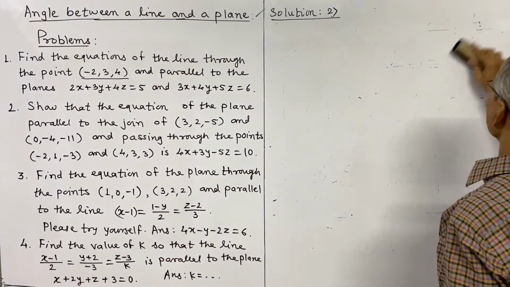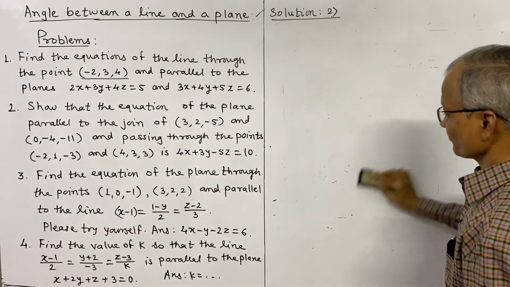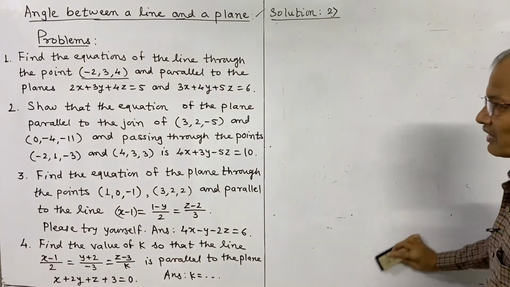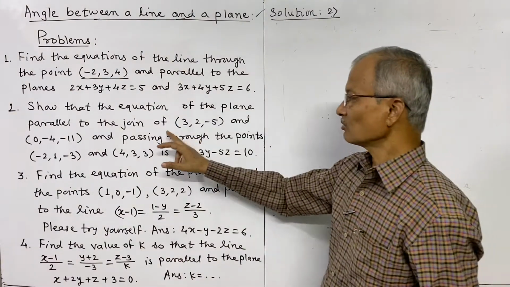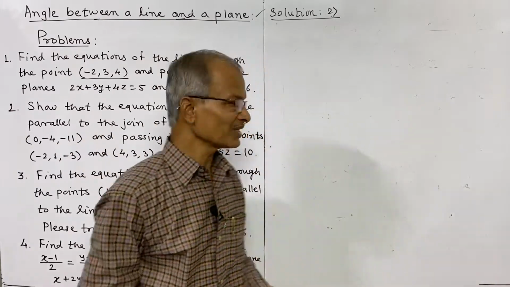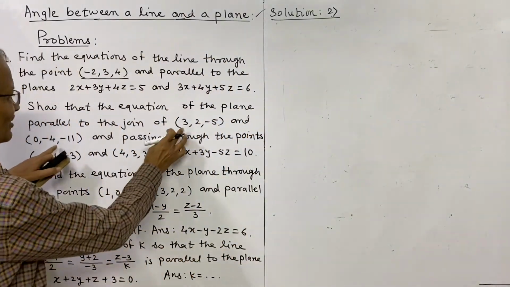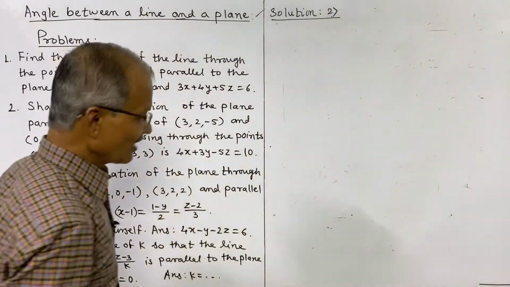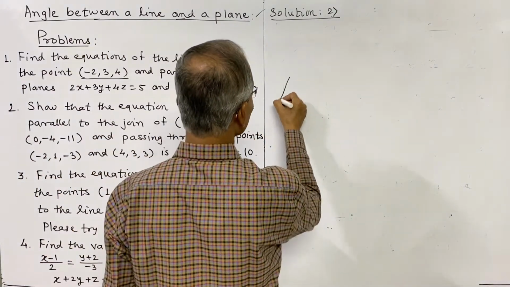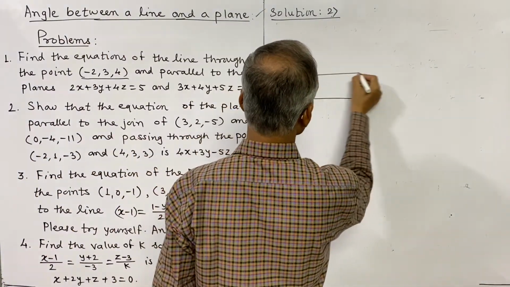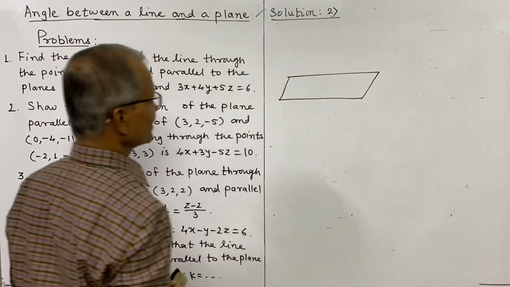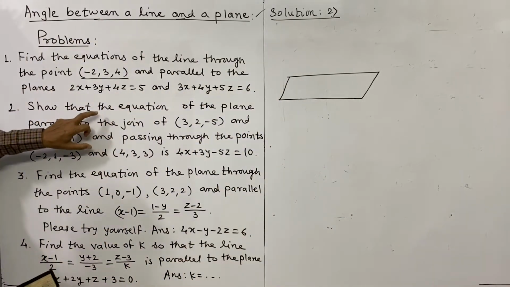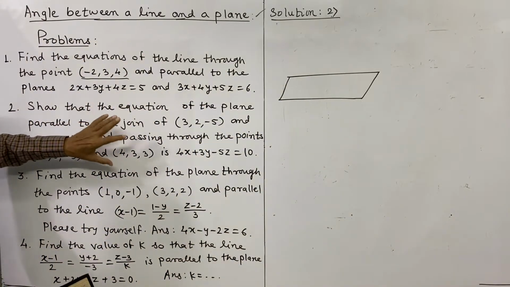To understand the meaning of the problem, it is better to draw a figure. The plane is parallel to the join of these 2 points, which means the plane is parallel to the line joining these points. So suppose this is a plane, and this is the plane whose equation we want to find.